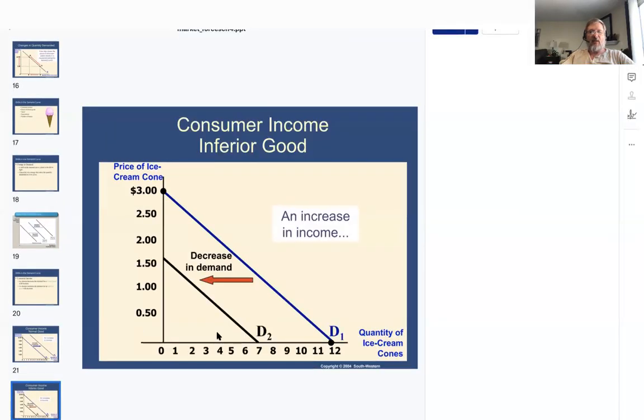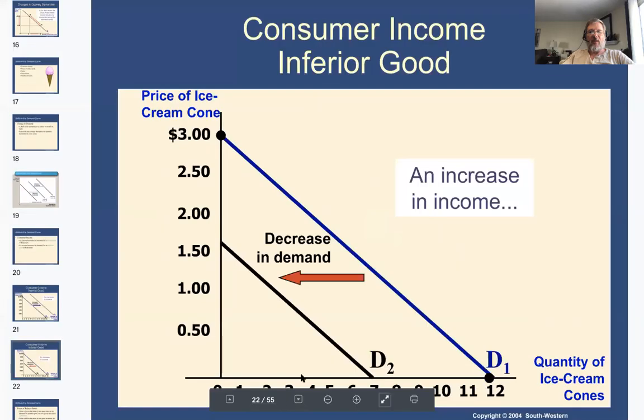And here's our graphical example of an inferior good. So now, again, we're assuming ice cream is an inferior good. And depending upon your perspective, I don't know if you have any ice cream that you really like or ice cream that you would otherwise avoid.